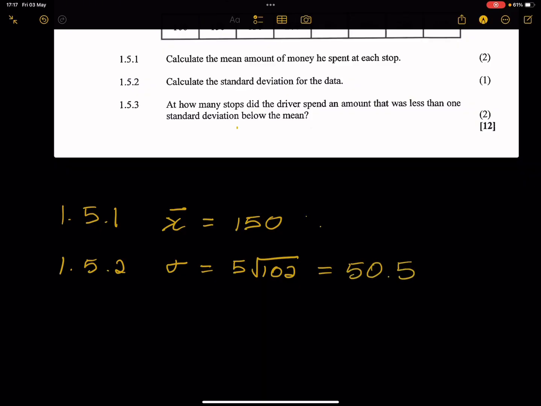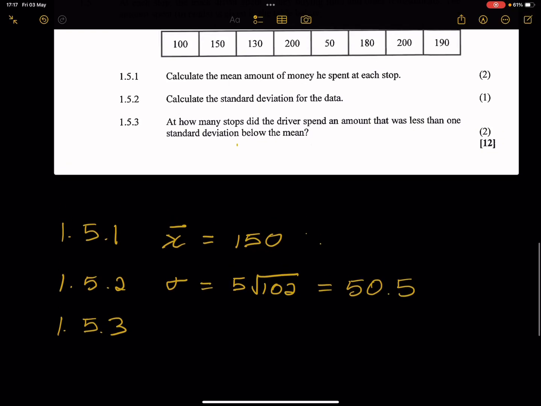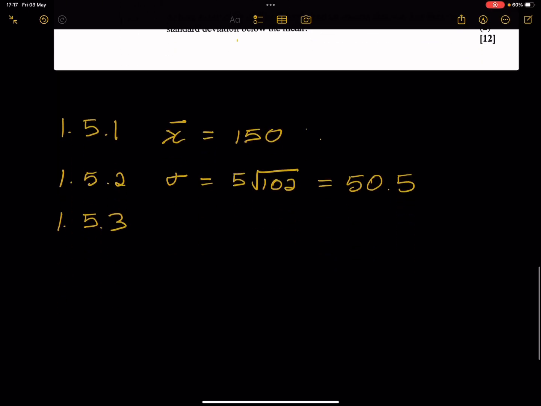So 50.5. The final question, they say to us, at how many stops did the driver spend an amount of money that was less than 1 standard deviation below the mean? Now remember, 1 standard deviation below the mean simply says I'm going to take x minus the standard deviation.